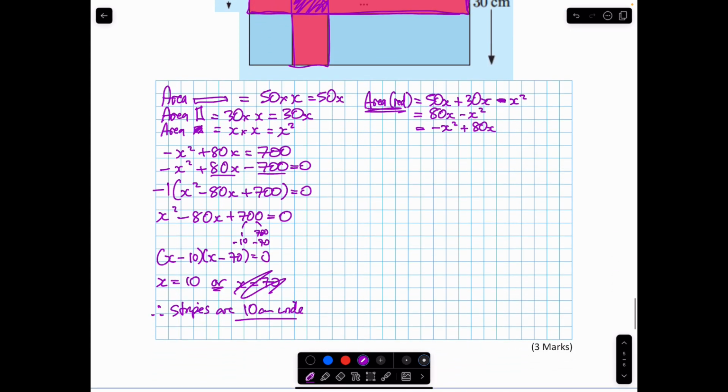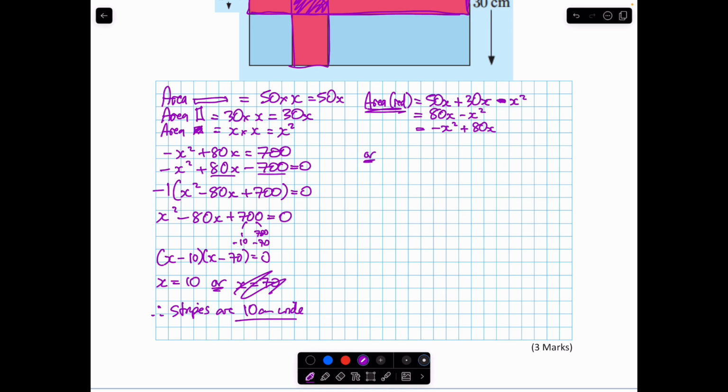Now, to show you how to do it in quadratic formula, you need the equation in that form there. So A is equal to 1, B is equal to negative 80, C is equal to 700. Plug that into the quadratic formula. x is equal to negative 8 plus or minus the square root of negative 8 squared minus 4 lots of A, which was 1, and C, which was 700, over 2 lots of A, which was 1.